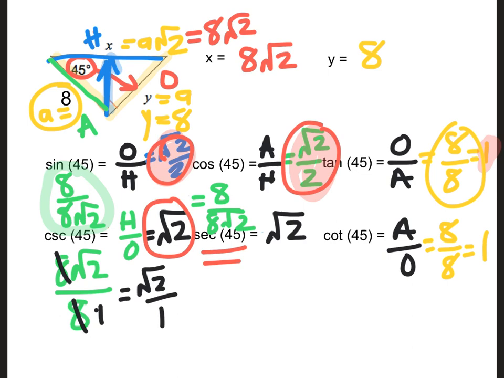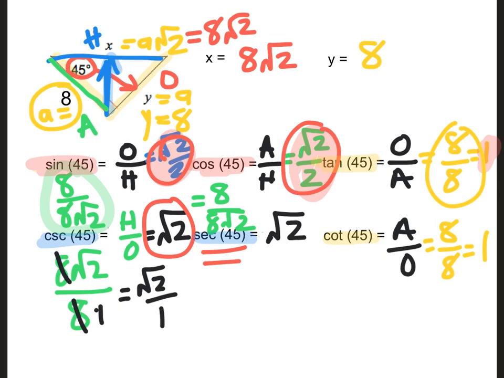So notice when we do these, the ones that match are sine and cosine, cosecant and secant, and then tangent and cotangent.